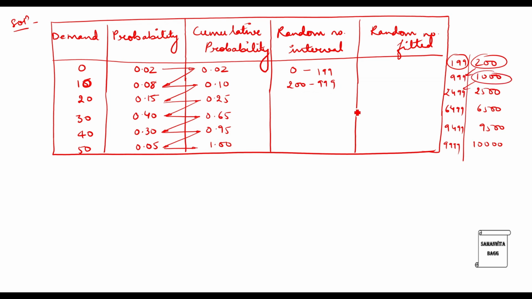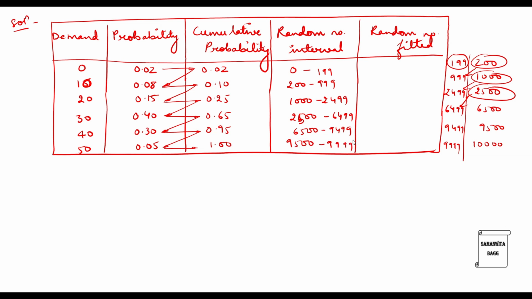Then 1000 to 2499. Then 2500 to 6499. Then we have 6500 to 9499 and last 9500 to 9999 as the last number.